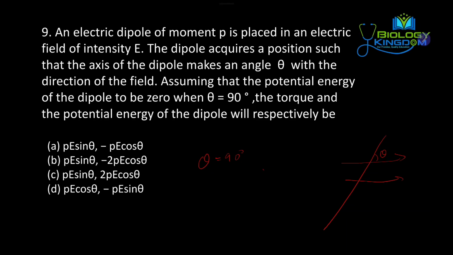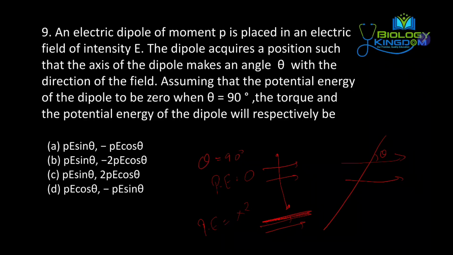So whenever the dipole is like this, at that time the potential energy of that dipole is 0. And if the dipole aligns with this electric field, then there will be some potential energy. We don't know how much, but there will be some potential energy.